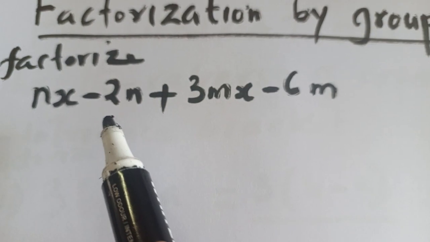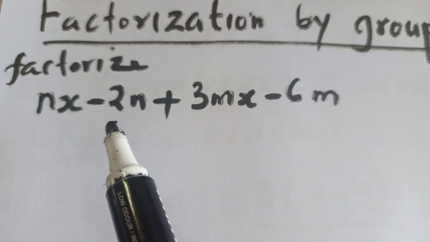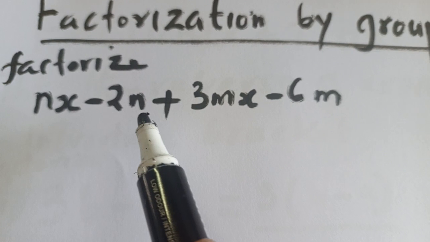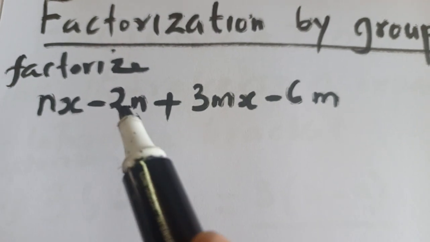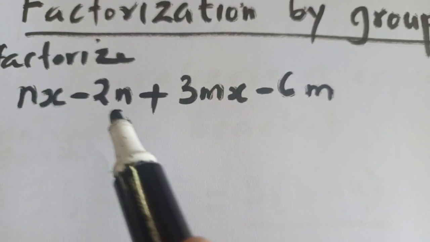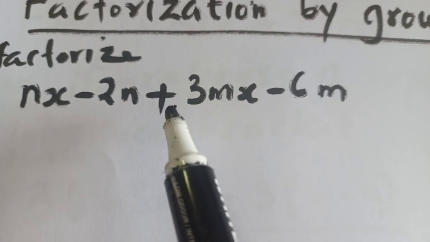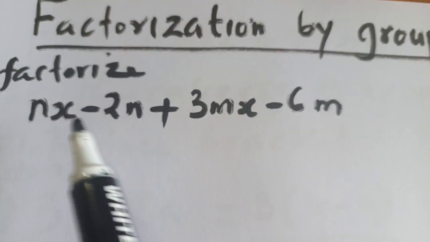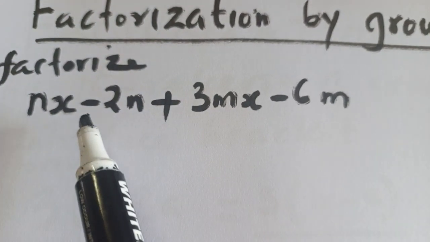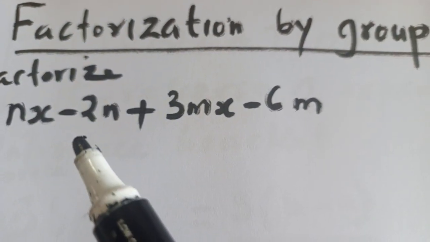When that is not possible, we saw previously that you look for like terms, collect them together, and then look for a common factor. But in this case, again, there are no like terms. So we don't have a common factor to all the terms, and there are also no like terms here. Yet we are asked to factorize.